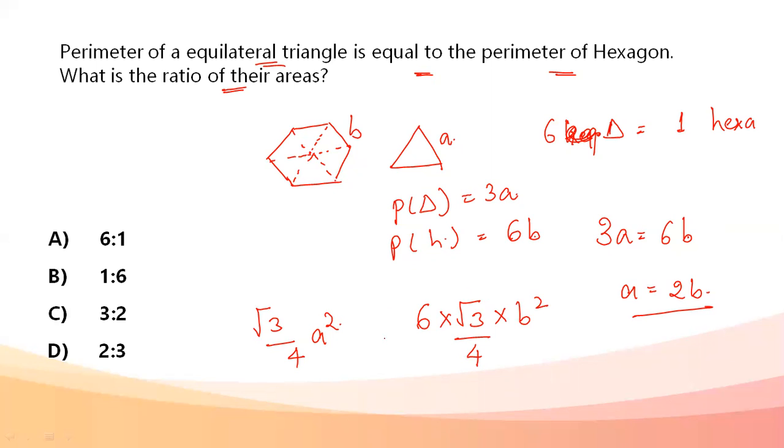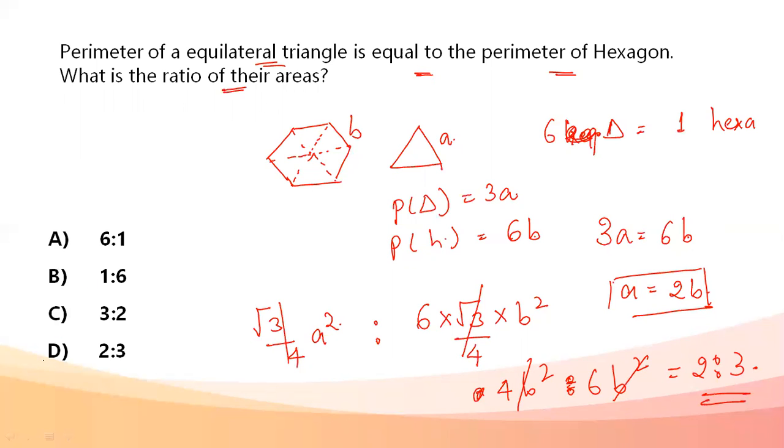The ratio of the areas is needed. Let's take this consideration first, then I have one more equation, that A equals 2B. Root 3 by 4 out, root 3 by 4 out. Instead of A square, let's put 2B. So this becomes 4B square in ratio with 6B square. B square goes out. My ratio of area comes out to be 2 is to 3. So the ratio of areas is 2 is to 3.